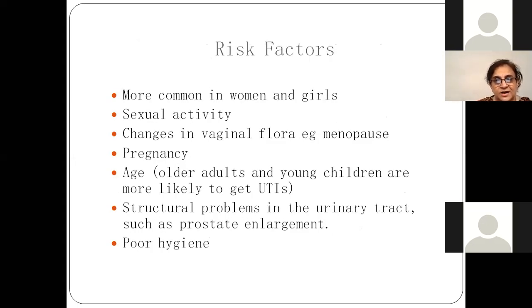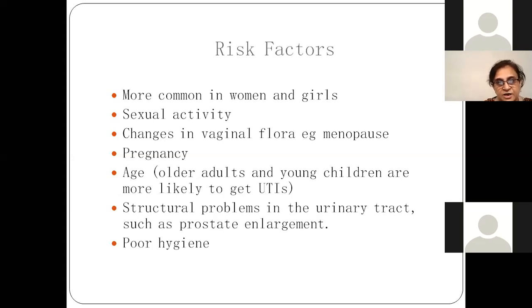Okay, now what are the risk factors for urinary tract infection? We've discussed it again and again. Women and girls are much more prone to infections. Then sexually active women are much more prone to infections of the urinary tract. Then changes in the vaginal flora. When menopause occurs, the vaginal flora is changed.